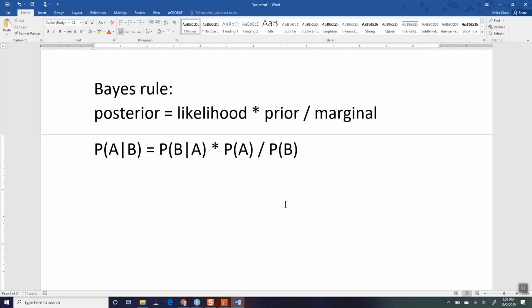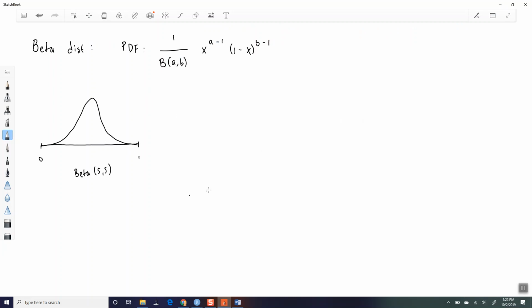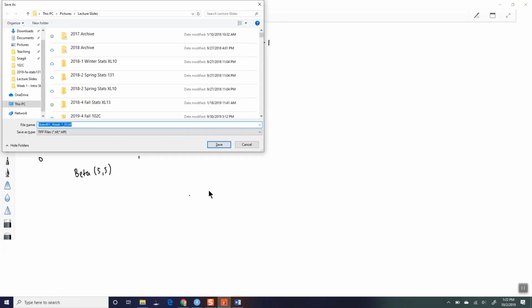All right, so this is what we have. Here we're going to combine these using the likelihood of our data multiplied by the prior and the marginal. Let's come back and I will draw this out.